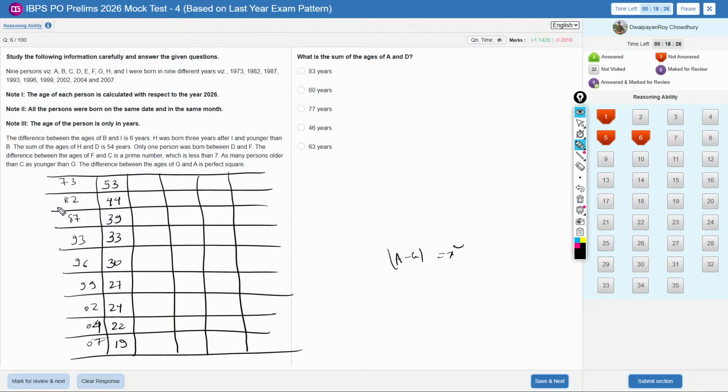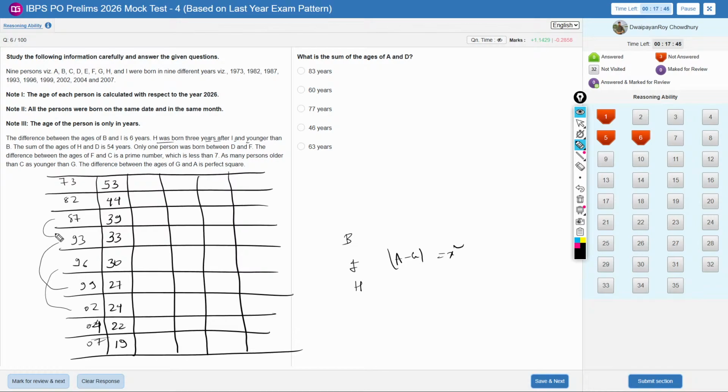So no 6, no 6, 6, no 6, no 6. Okay, 3 possibilities. Who is above, who is below? H was born 3 years after I and younger than B. Only that scenario is possible, or it can be like here also.